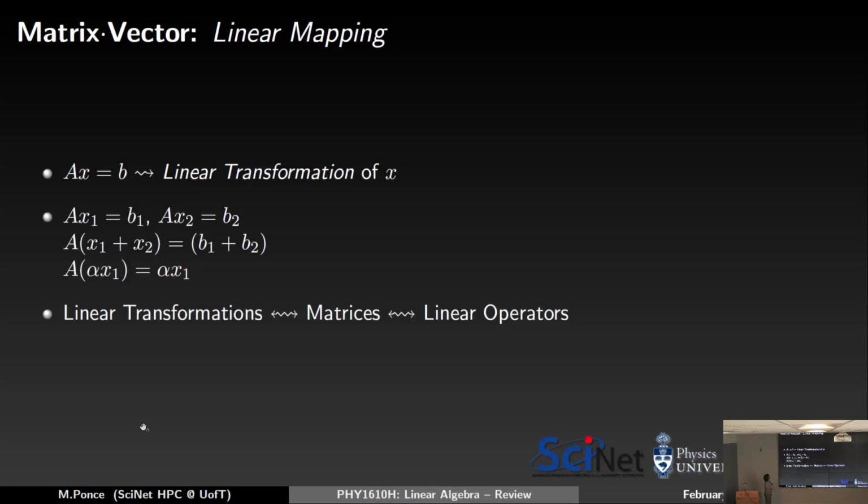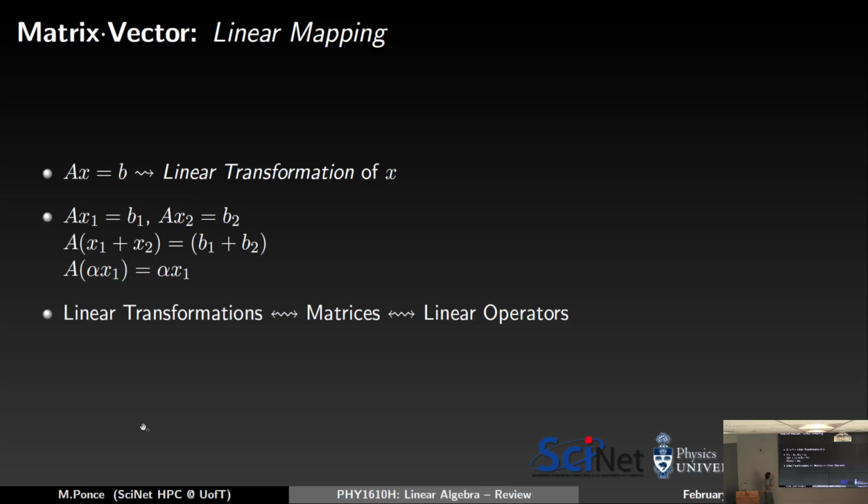Well, it has to be linear. So if I have two vectors and apply the same transformation, it is the same to apply the transformation to the addition of the vectors, or to apply it first and then add. And similarly with the scalar. I'm sorry, this should be a b here. I can put the scalar outside. The scalar has to belong to the field of the vector space, but I can put the scalar outside.